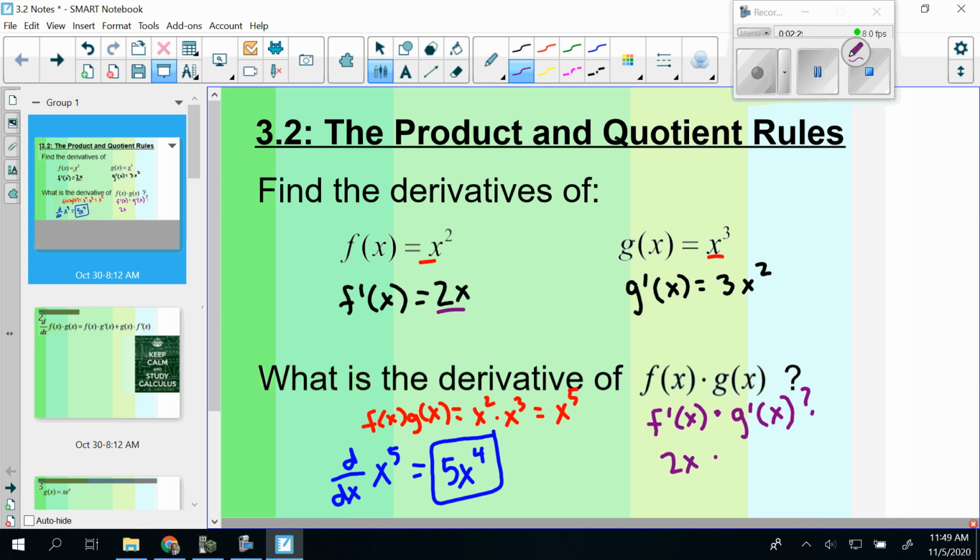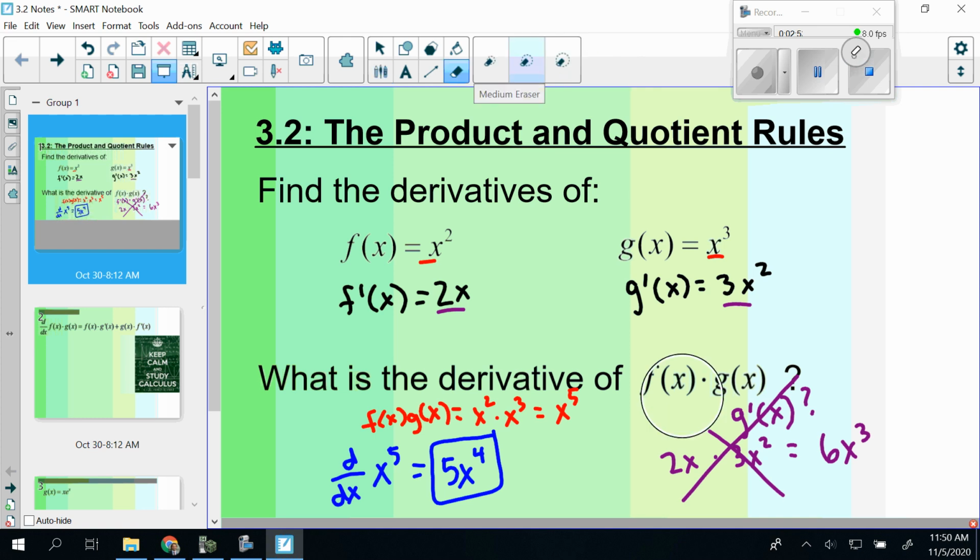We know what g prime is. It's 3x squared. If we multiply those, do we get the answer we should, which is 5x to the 4th? Looks like we don't. And so what this tells us is the derivative of two functions multiplied together is not simply just the two derivatives themselves.